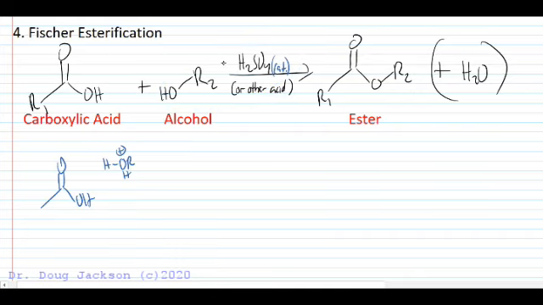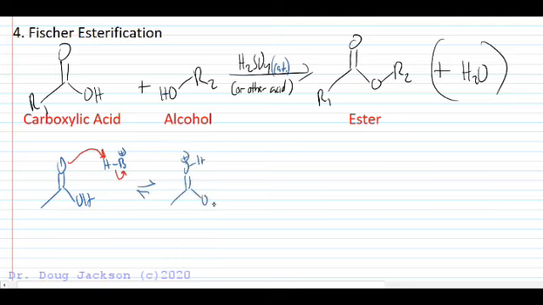I'd allow H2SO4 as well as your proton donor, or just HB plus. So we could even say that this is the conjugate acid of some base in solution. Not really important what it is. We understand it's probably protonated alcohol, but we can be safe and just put that generic base there. So protonate the carboxylic acid. We're in equilibrium.